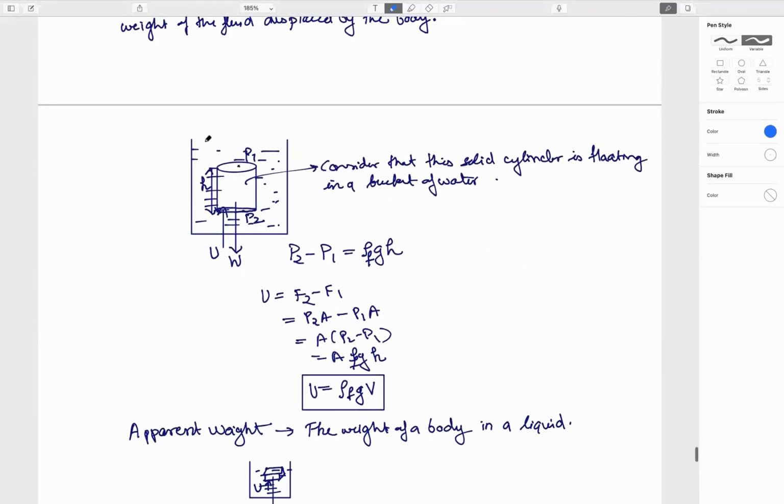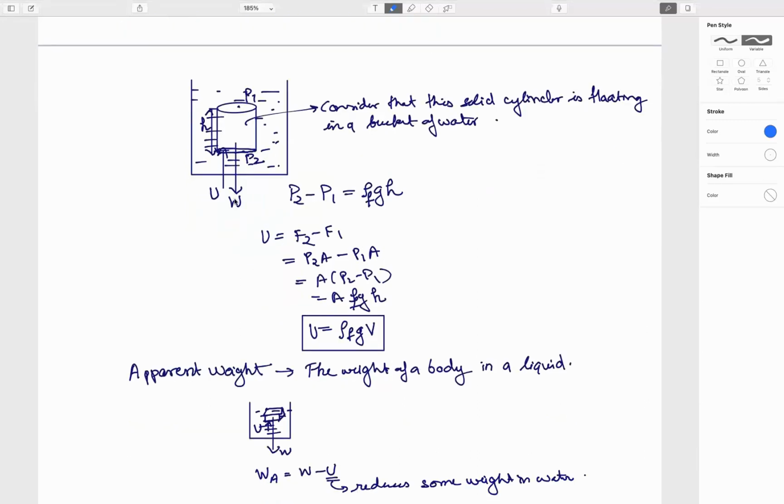We considered a bucket filled with fluid, and a solid body completely immersed in it. When it is completely immersed, it displaces the same volume of water through the bucket.